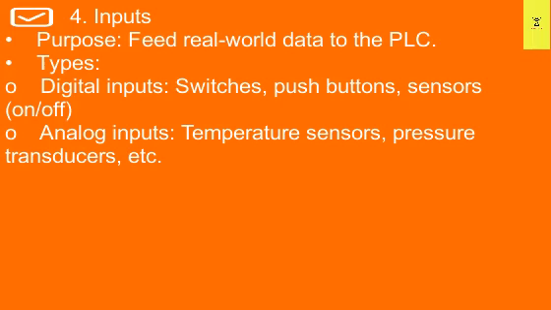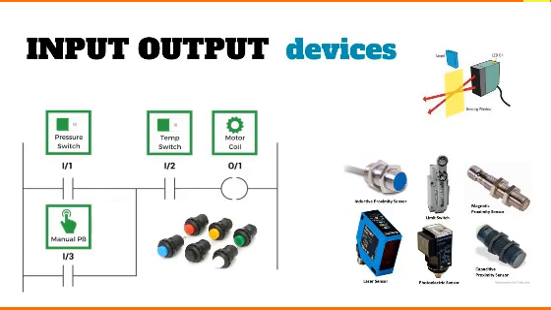For example, digital inputs like switches, push buttons, and sensors are digital inputs because they turn either on or off, high or low. Yes, it means it is digital inputs: switches, push buttons, and sensors.